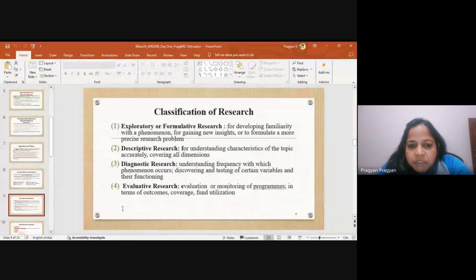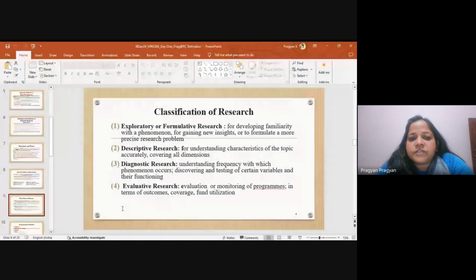It has to have a very precise and objectively defined focus in that particular research. So its name is basically very suggestive in this case. It is only for gaining new insights or a new dimension of a particular social phenomenon.